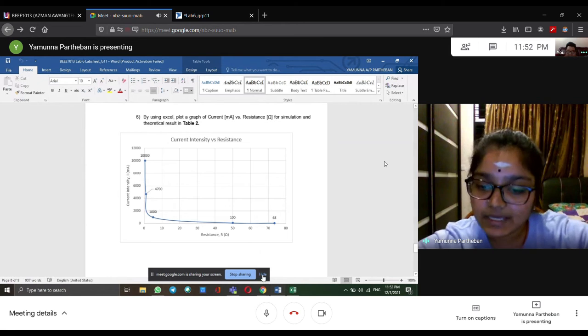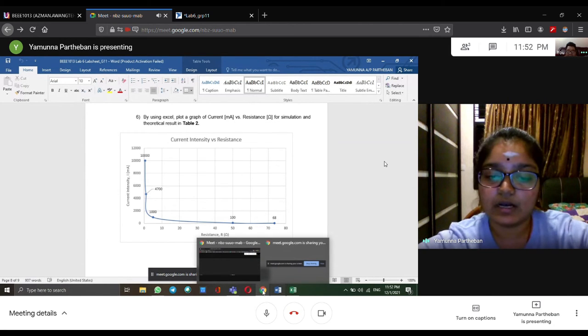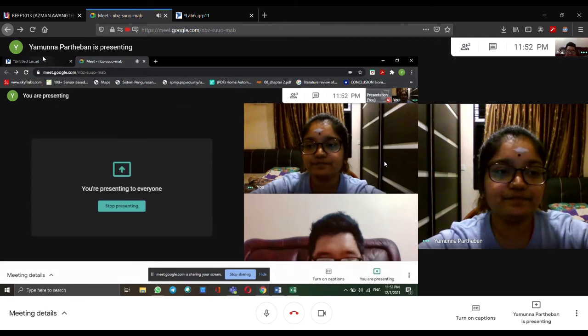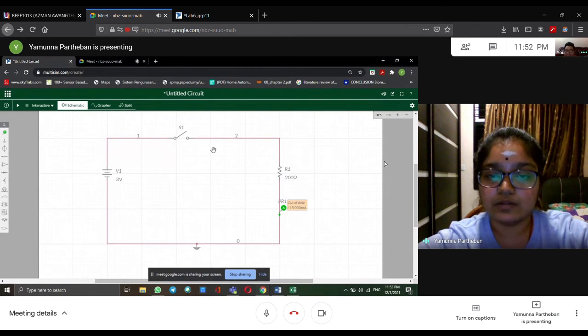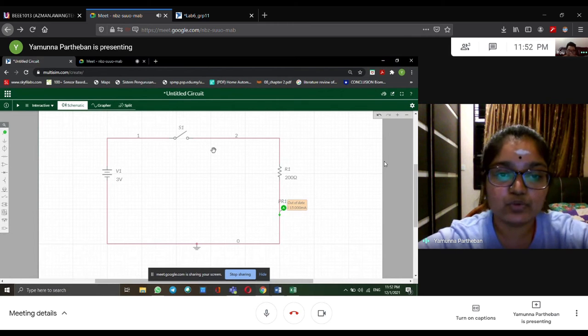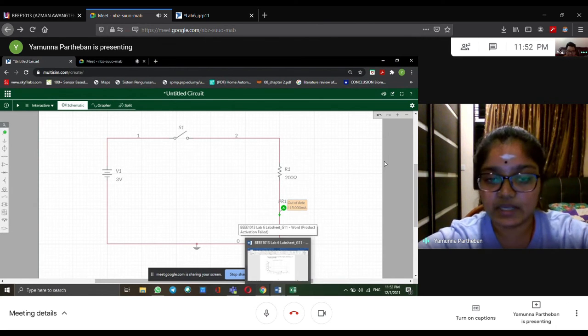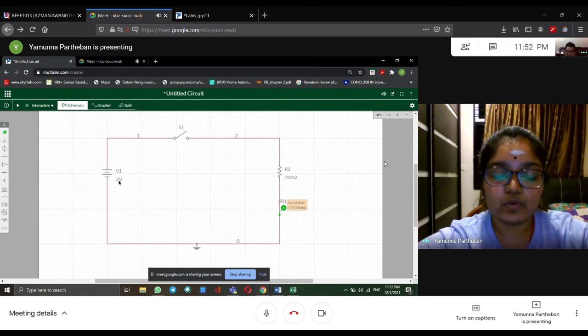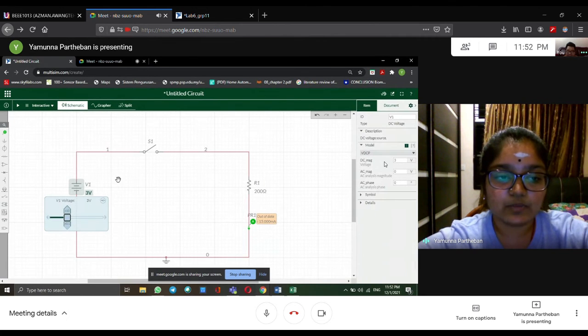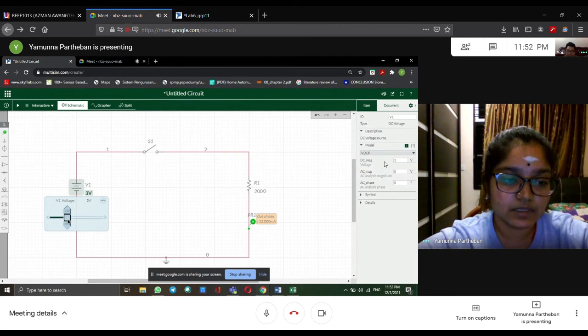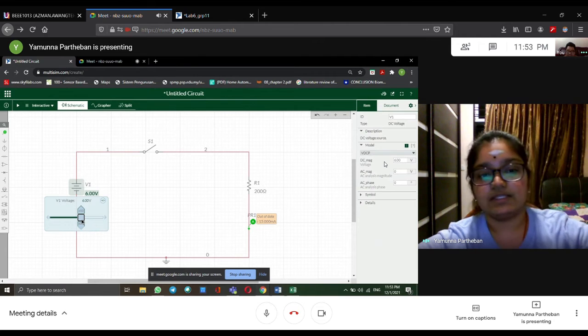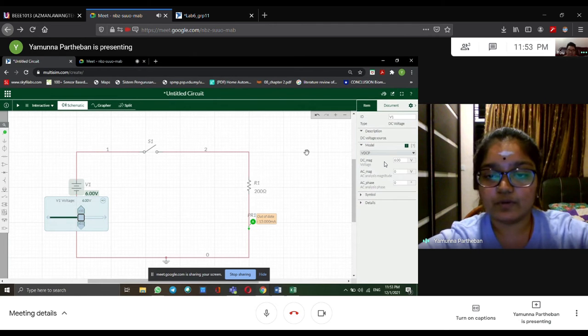Okay, next I'll be showing the simulation. I'll give two examples according to the table that we have done. Over here, I will change the value for the voltage to 6, and R1 remains the same, 200 ohm.